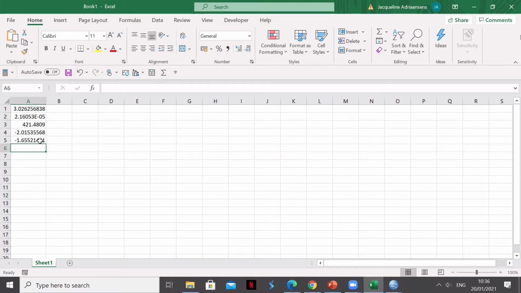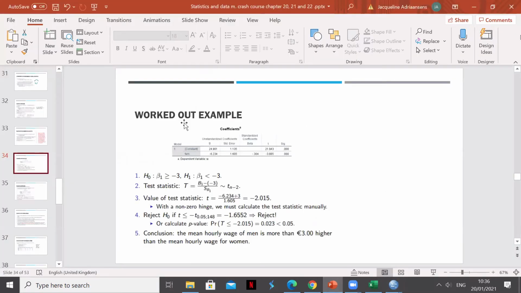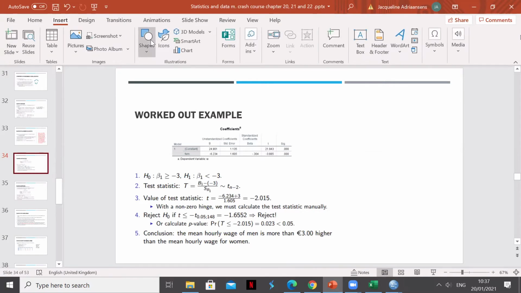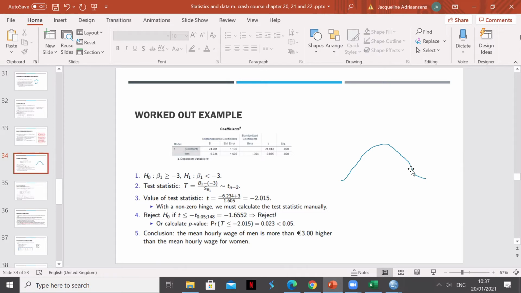So I just put a minus in front of it because, let me draw it out. I think this is always a difficult part. So if this is our distribution, then Excel, if I put in an alpha of 0.05, then it calculates this entire part to the left of the 0.05. But I wanted it to this side.